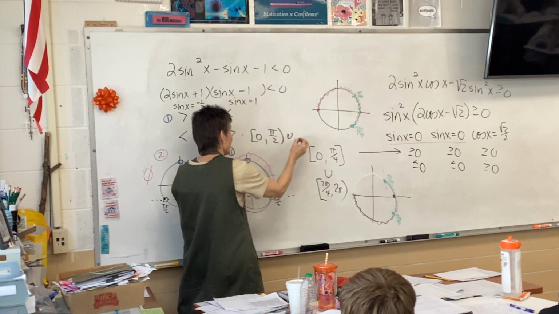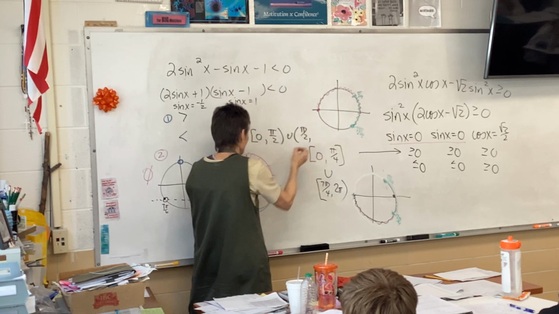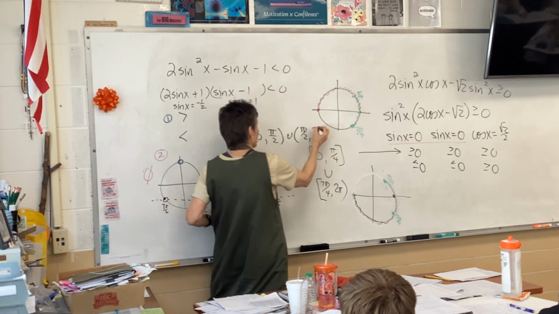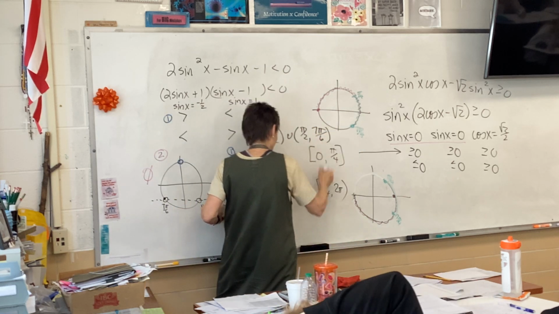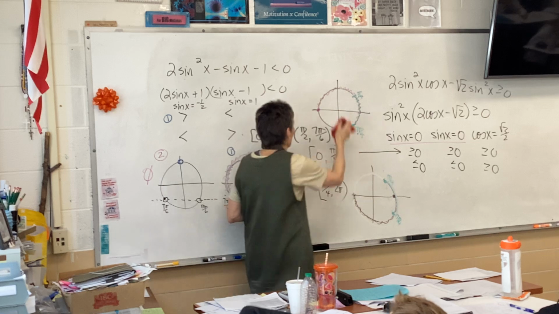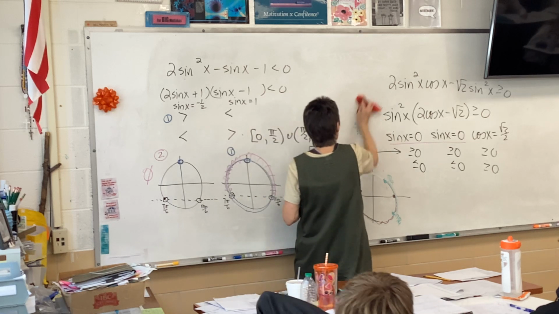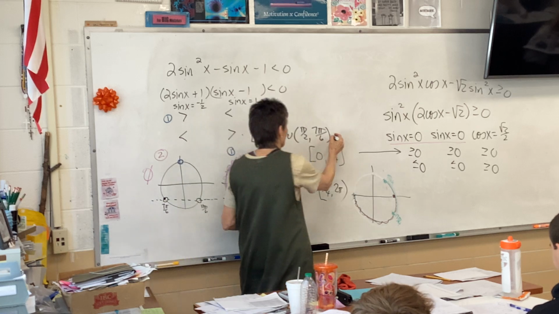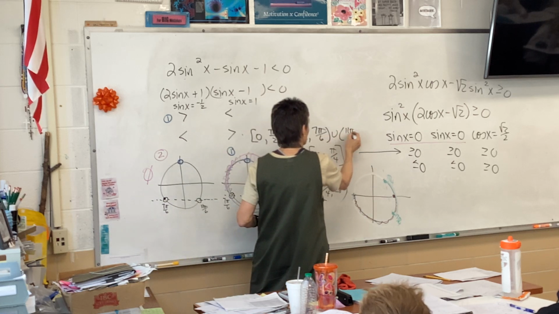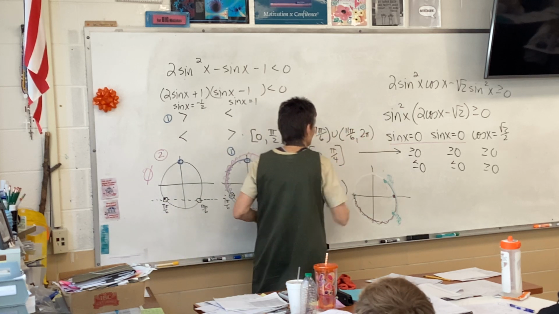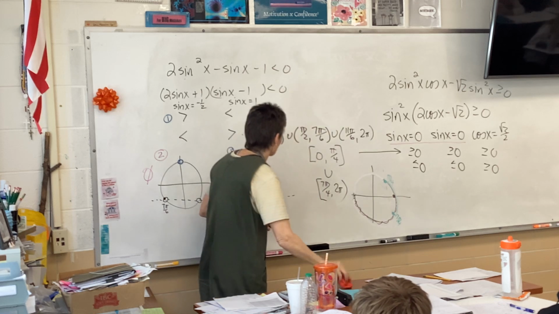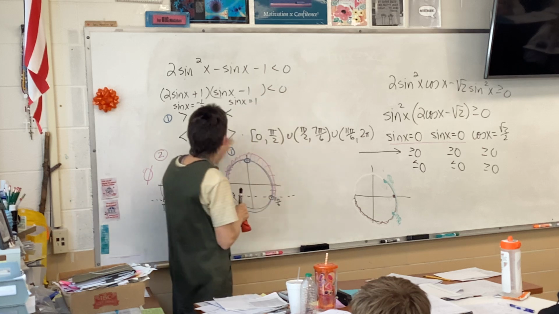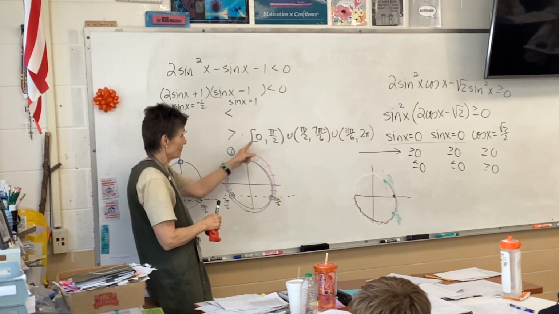So then I'll pick up again at pi over 2 and go all the way to 7 pi over 6. And then I'll pick up again at 11 pi over 6 and go all the way to 2 pi. So there is the answer to my first case.